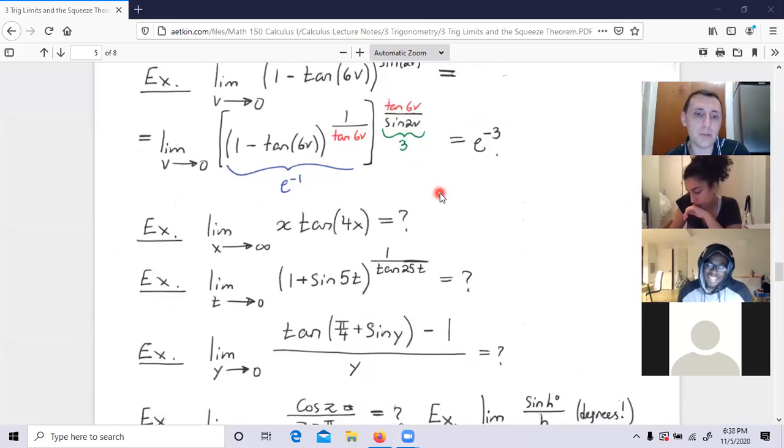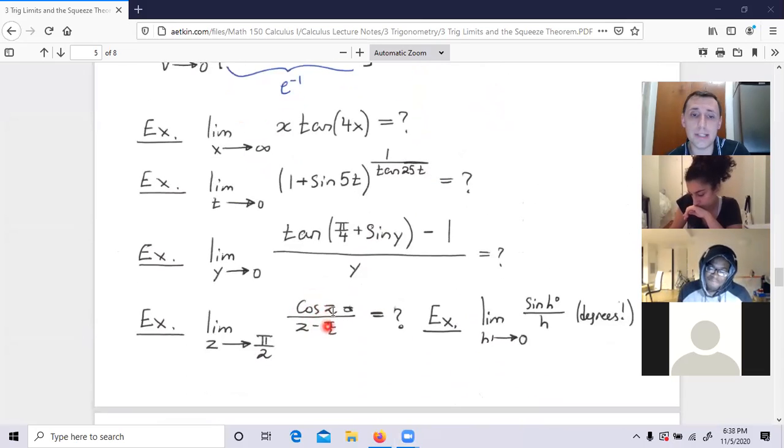All right, what about this one? Cosine z over z minus pi over 2 as z goes to pi over 2.